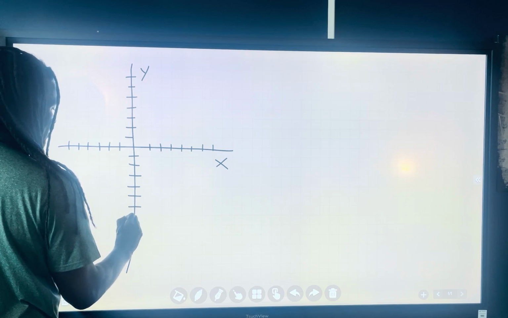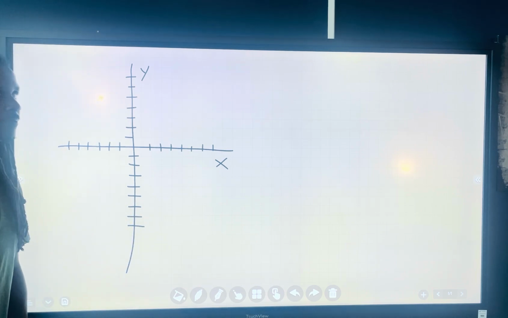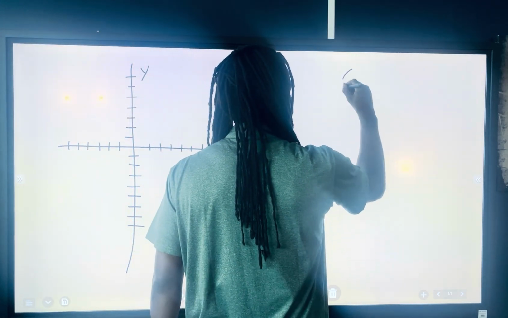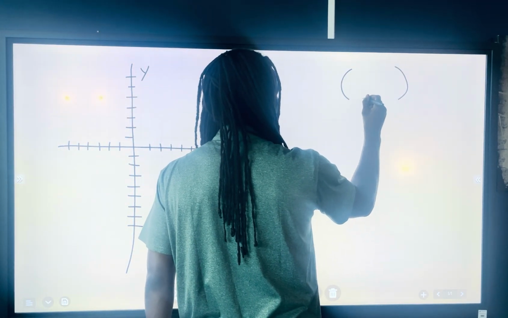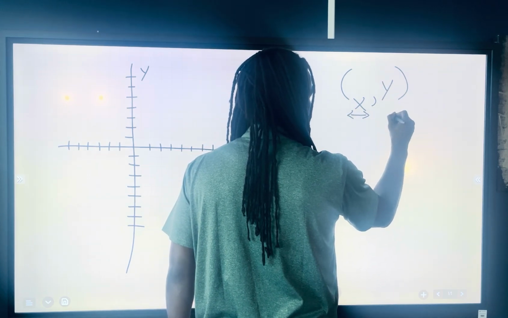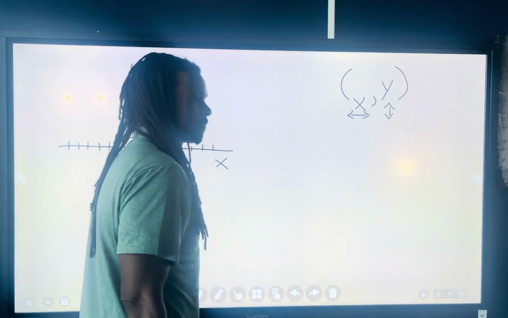Remember, in every ordered pair, the X value is always first and then the Y value comes.